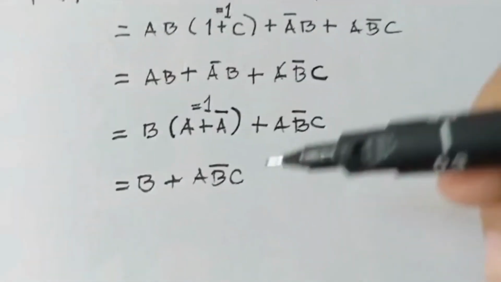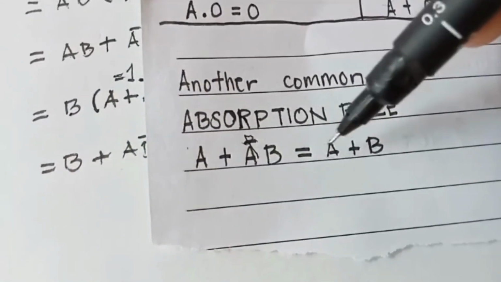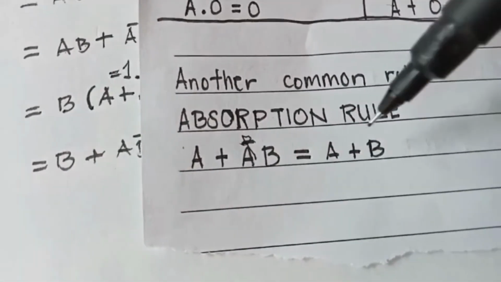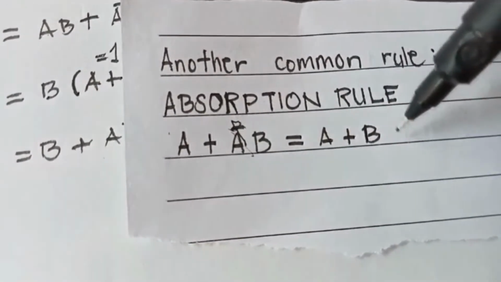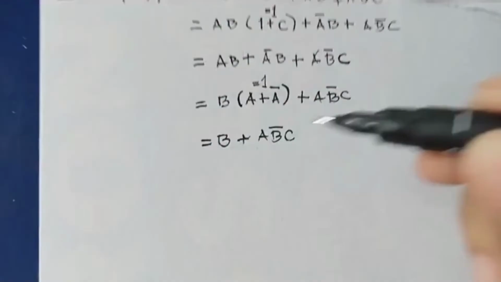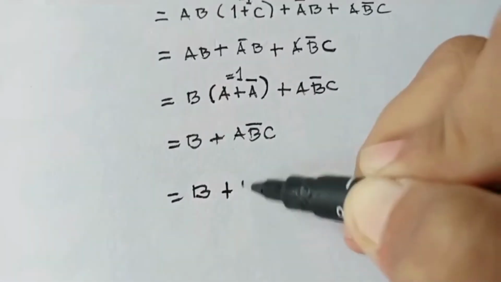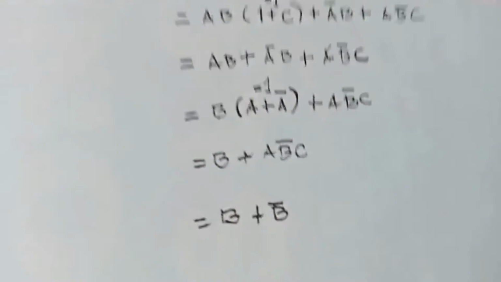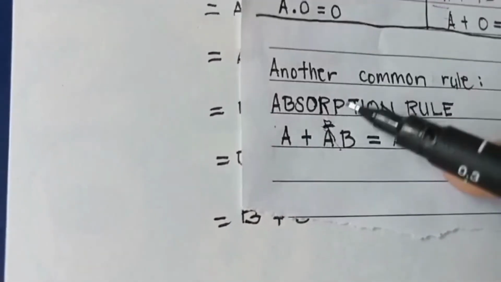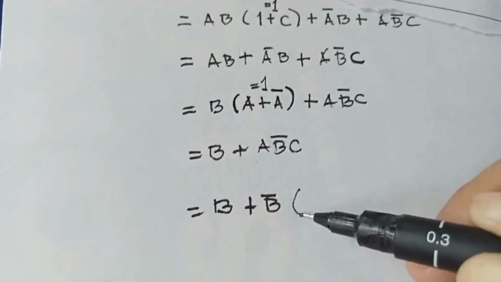So in this part, we can also apply another common rule, which is the absorption rule, which says A plus A bar B is equal to A plus B, or simply remove the A bar to get A plus B. So let's write it this way: B plus B bar. I first used the B bar to make it look like the absorption rule. Here, the A bar, I mean, is added into AC.